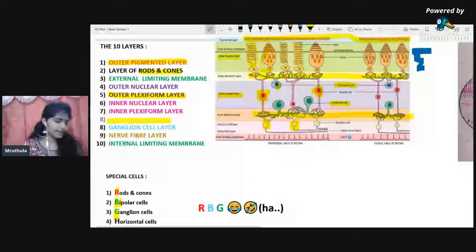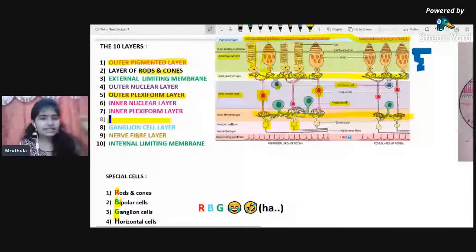and amacrine cell. So what is the role of the horizontal cell and amacrine cell? The horizontal cell forms interaction with the plexus formed by the rods, cones, and the bipolar cell. They do some impulse interaction between the plexus formed by the rods, cones, and the bipolar cell.